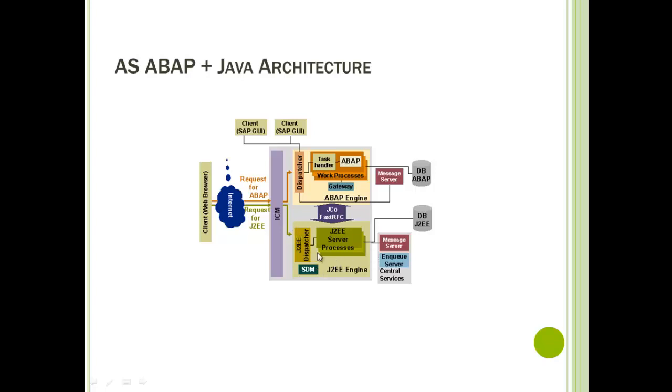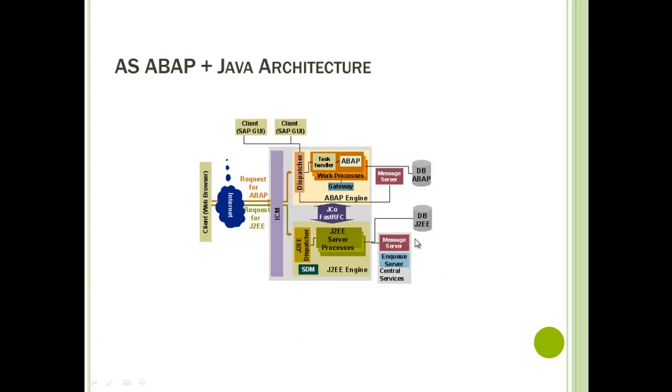That is the main difference. So the ICM plays a very important role here in deciding whether this is an ABAP request or a Java request. The main advantage here is you have ABAP and Java in the same system, so the requests can be combined together within the same system itself.